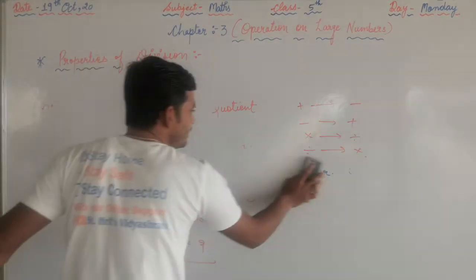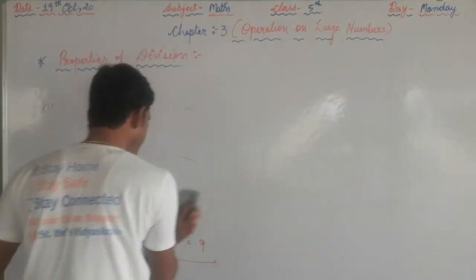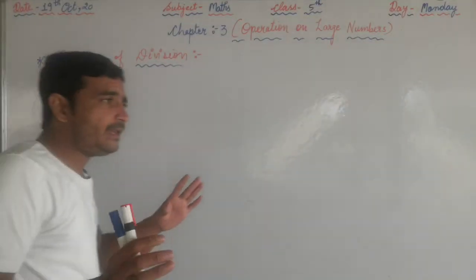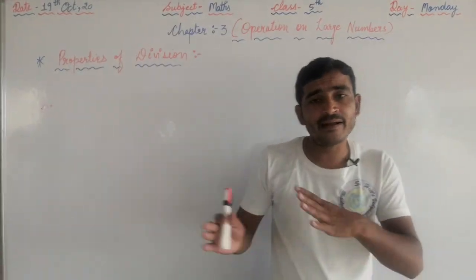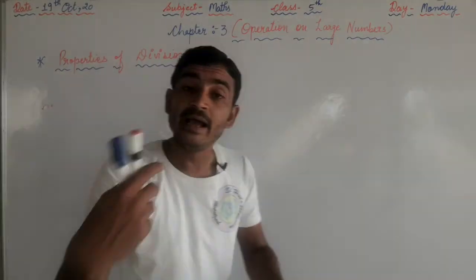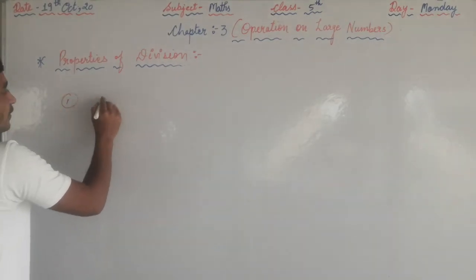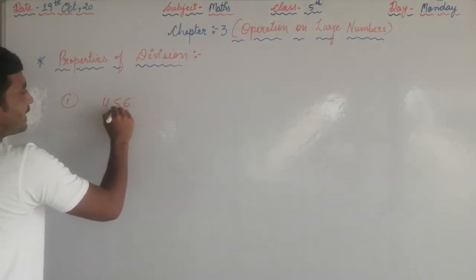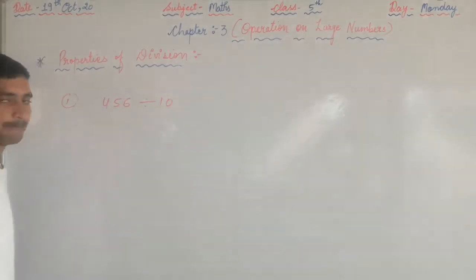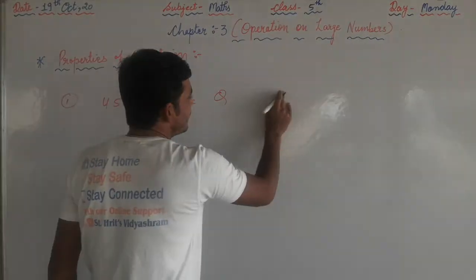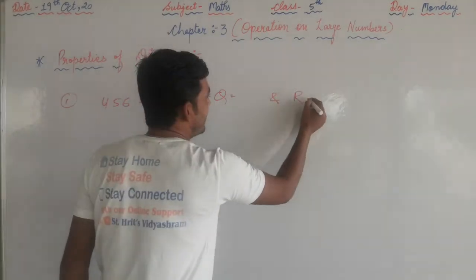Now one more important thing, see here. If any number is divided by 10, 100, 1000, 10,000, at that time what we are doing, see here, suppose 456 divided by 10, and you have to find the quotient and remainder directly.